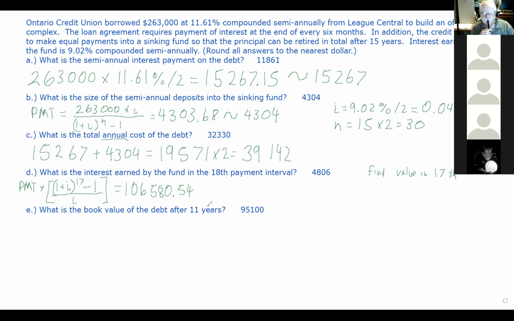And then we would have to take that number and multiply it by the interest rate to find the interest earned in the next period. So times recall 1. And I'm getting 4806.78, which I'd round to 4807.